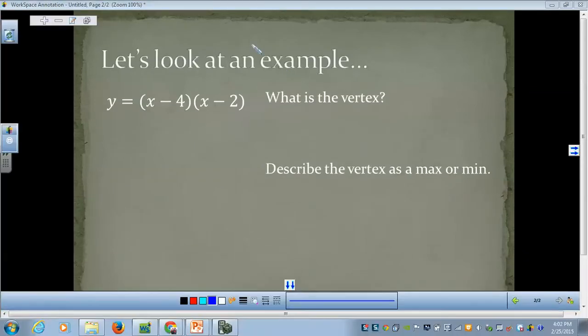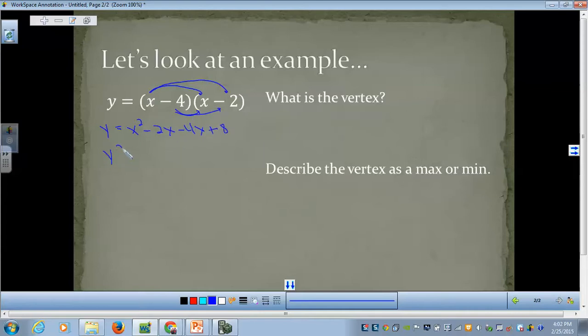We want to find the vertex, and then we're going to describe the vertex as a max or min. When we look at this, we see we have this binomial times this binomial, so we're going to use what we know about multiplying polynomials. I'm going to do x times x, which is x squared, x times negative 2, so that's negative 2x, negative 4 times x, which is negative 4x, and then negative 4 times negative 2, which is positive 8.